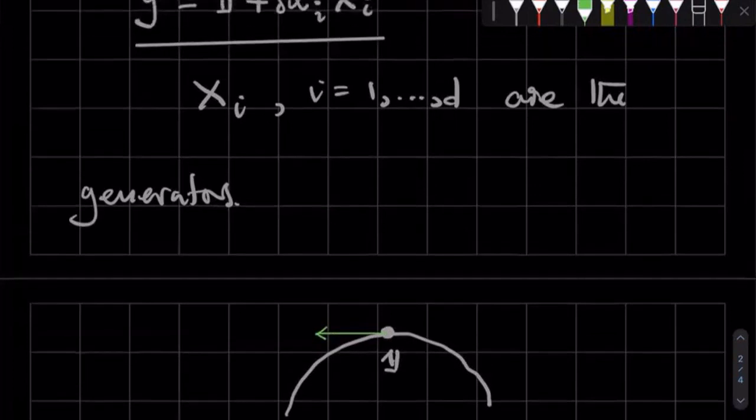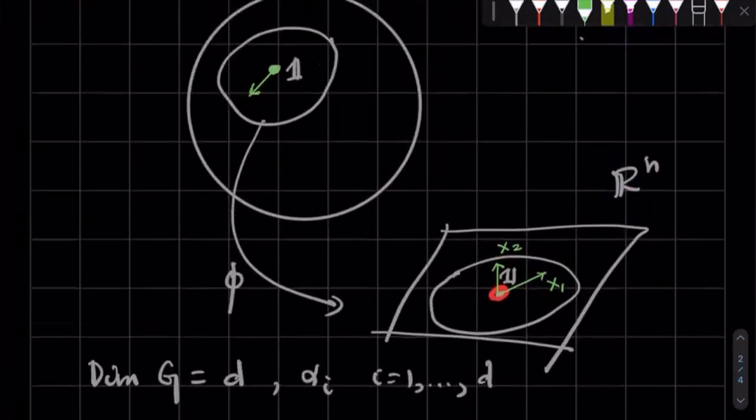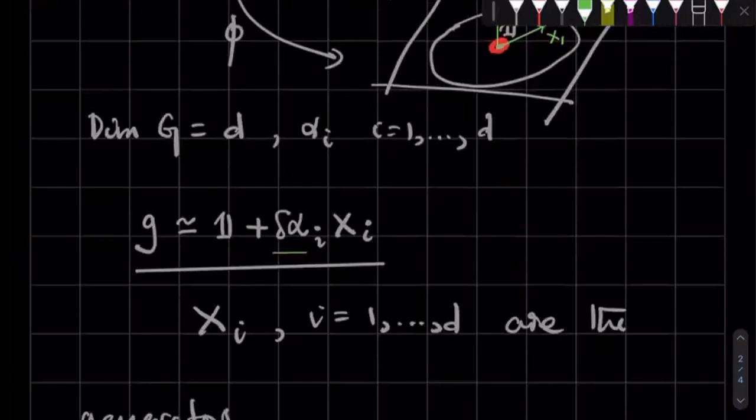I'm just looking at this from the side. Now, I can ask the question, what if I keep moving in that direction little by little? Here, we have moved by a small amount in this general direction.